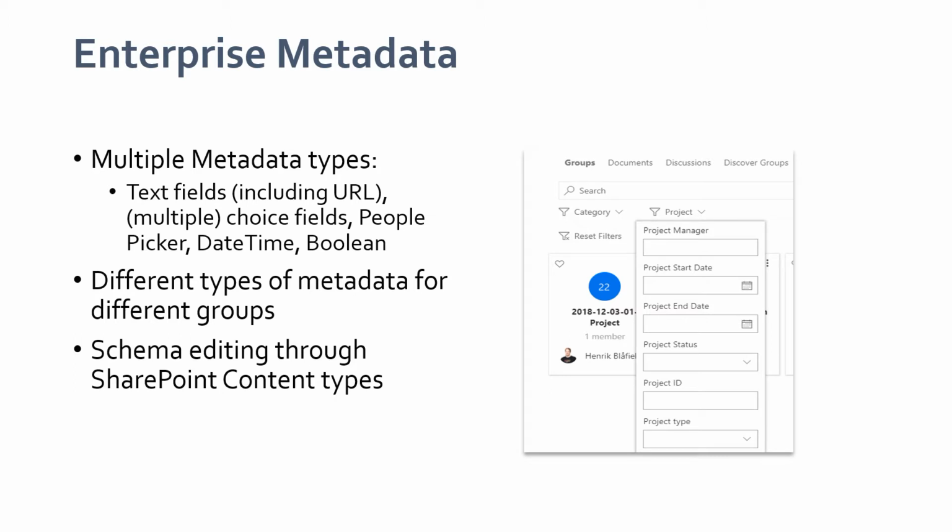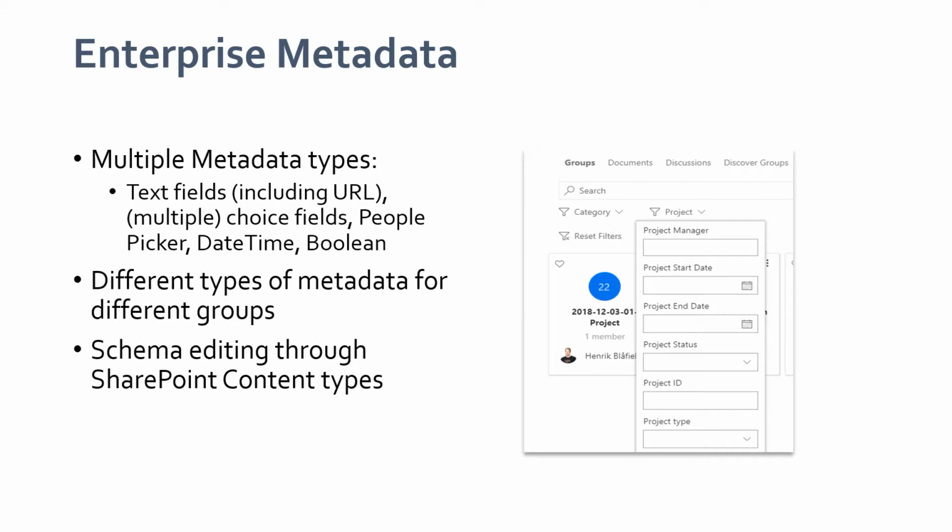Starting with version 1.18, with the Teamwork Enterprise subscription, you'll be able to define a much wider variety of metadata for your Office 365 groups. So you'll be able to define things like, say, project manager for your project, project start date, project end date, project status, project ID, and project type field as a drop-down field.